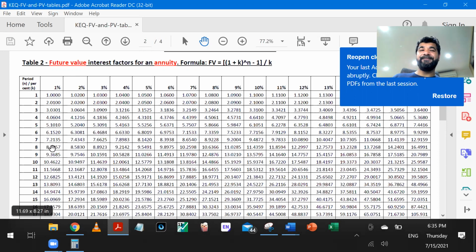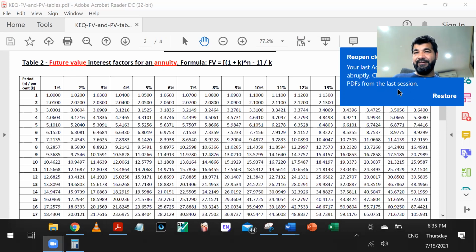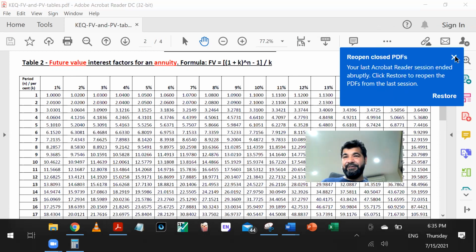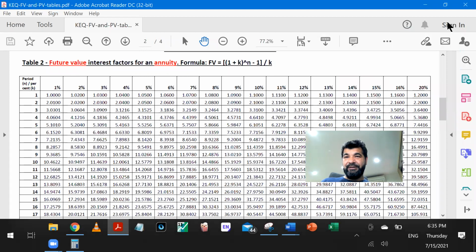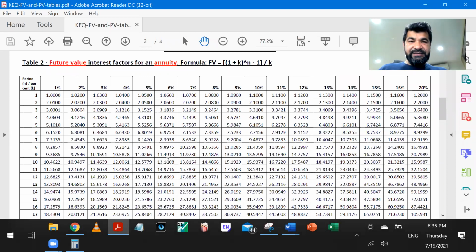Make sense? Does it make sense to you? What did I just say? I said a 12% interest rate compounded monthly. It means every month you are paying 1% interest: 12% divided by 12.